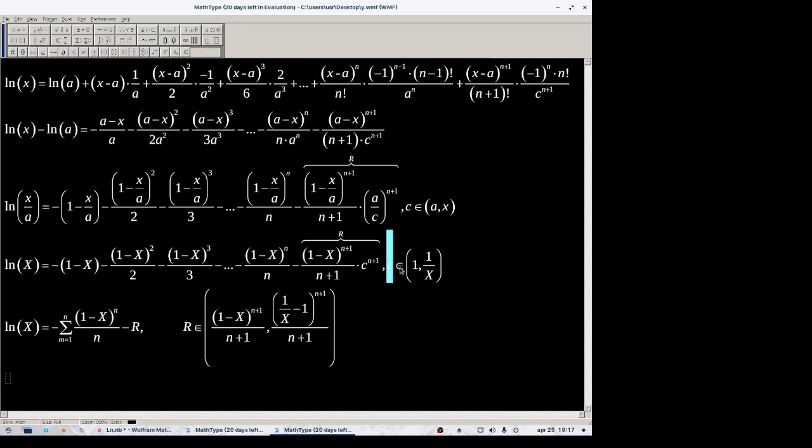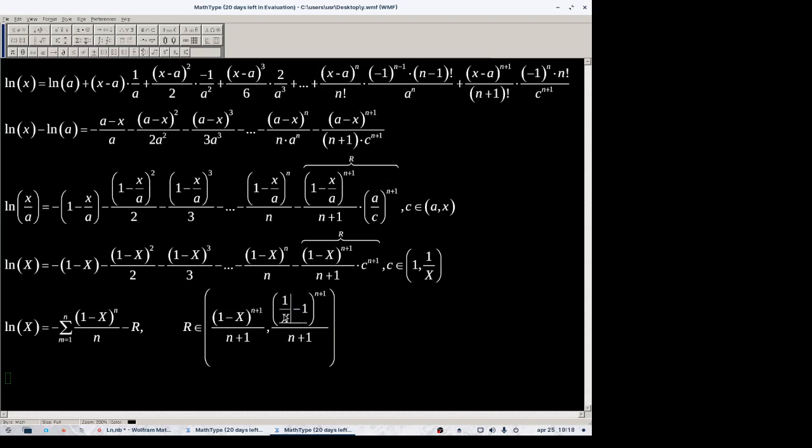And the corresponding midpoint is between 1 and 1 over x, which means that the remainder term, plugging back this value, is varying between this border and this part.